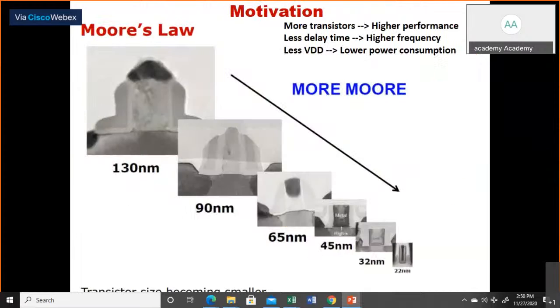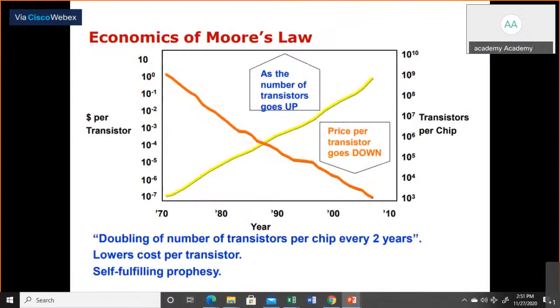These are some pictures again, showing the actual pictures of how a transistor looks in nano dimensions, going from 130 nanometer to 90 nanometer to 65 nanometer and so on. If you summarize Moore's law, you can see the number of transistors will increase. You can see the trend: the yellow line shows the increase, and the price per transistor goes down. That is all about Moore's law.